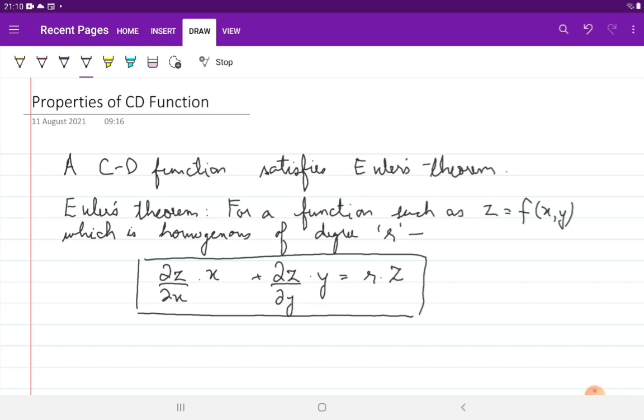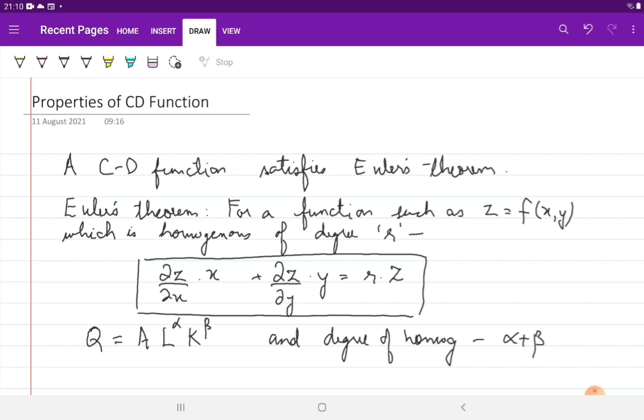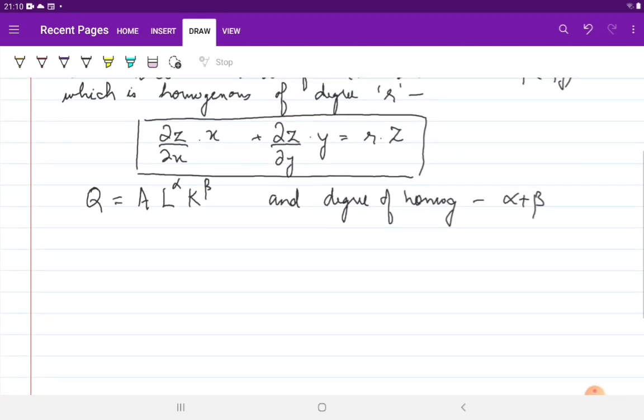Now, we know that a Cobb-Douglas function is represented as a L to the power alpha K to the power beta, and its degree of homogeneity is the sum of the powers or the exponents of labor and capital, and therefore it is alpha plus beta.